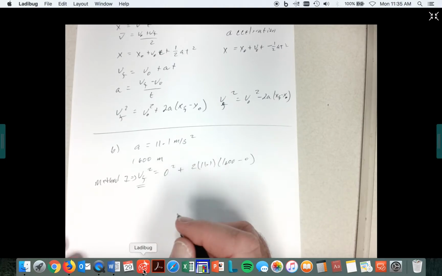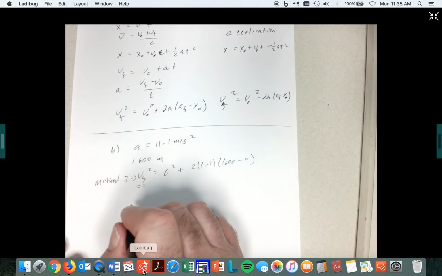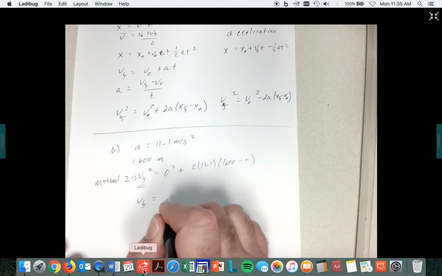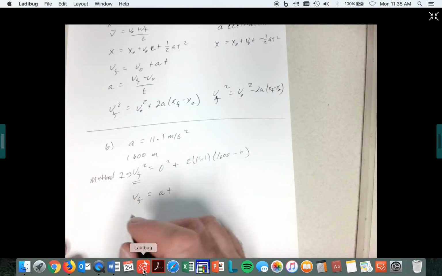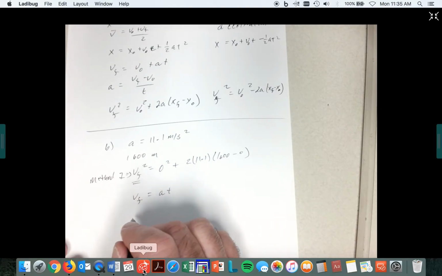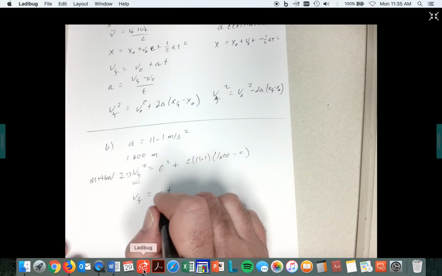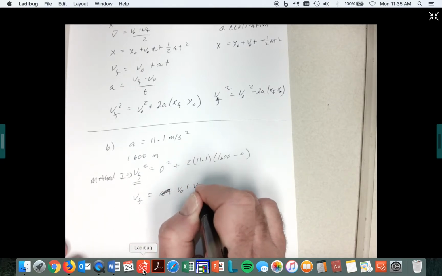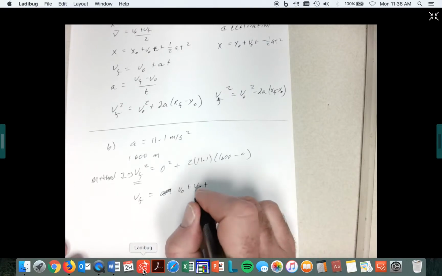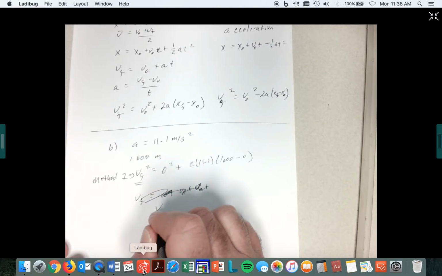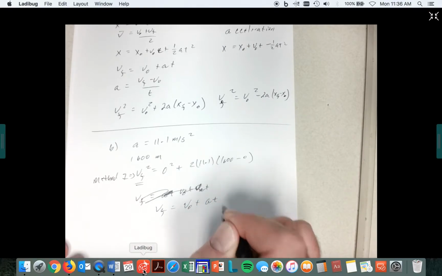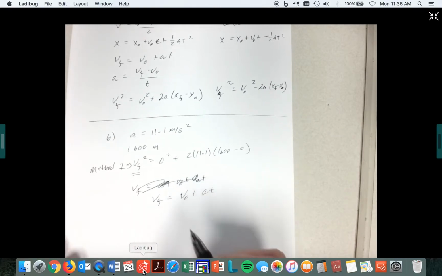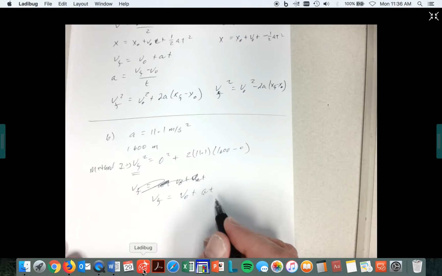Here's another. You could go, well, I know the acceleration, so v final is equal to v naught plus the acceleration times the time, where v naught is equal to 0. I know the acceleration, but I don't have the time.